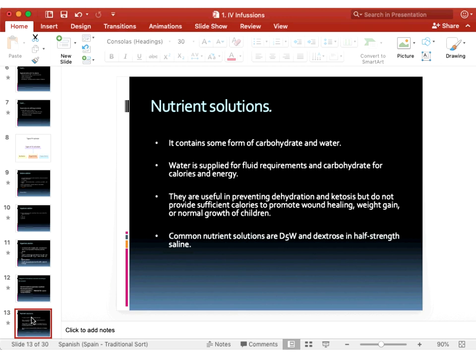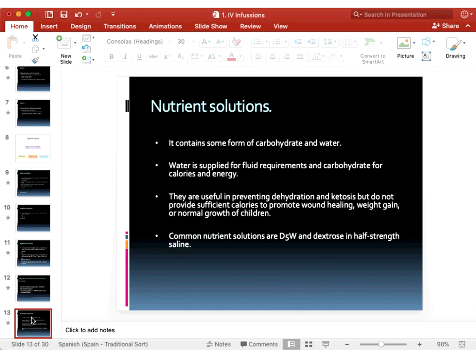Now, let's say that this patient is not allowed to have anything by mouth, no meal per os. In an attempt to provide him with a bit of nutrients, especially carbohydrates, we infuse this patient a mixed solution.